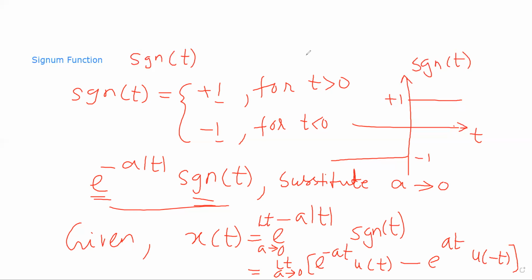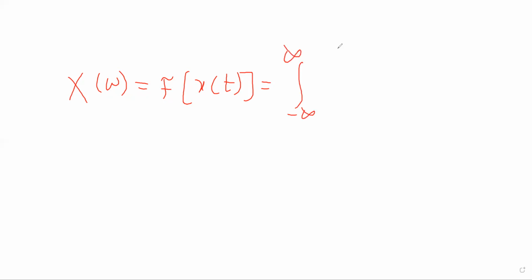This can be substituted into the formula of the Fourier transform, X of omega, the Fourier transform of x of t, which is the integration from minus infinity to plus infinity of x of t e to the power minus j omega t dt.